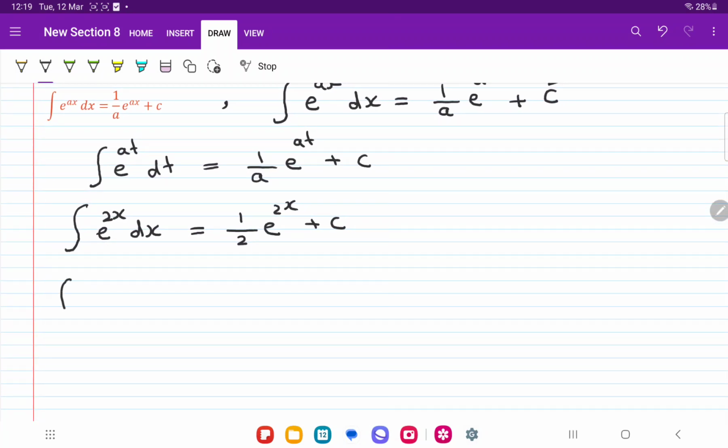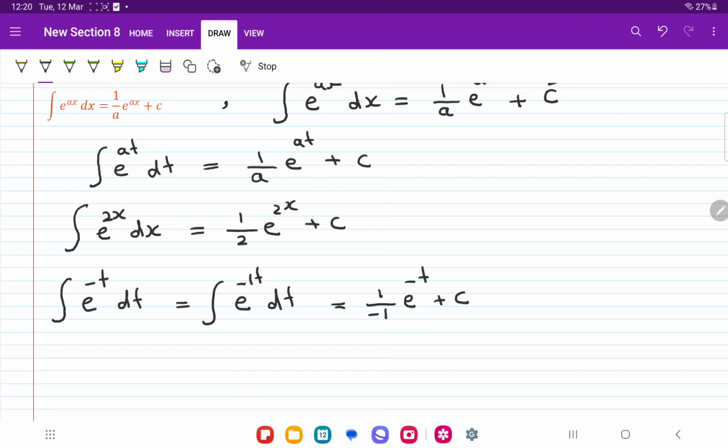Another example, integration of e to the power minus t, so it has to be followed by dt. Again, I'm going to rewrite this to see there is minus 1t here, dt. The value of a here is negative 1, so the answer will be 1 over minus 1 e to the power negative t plus c.